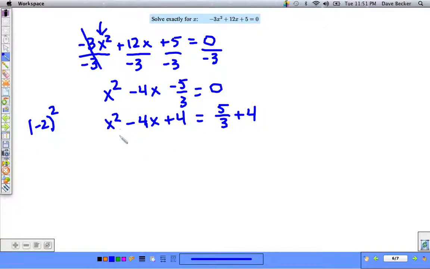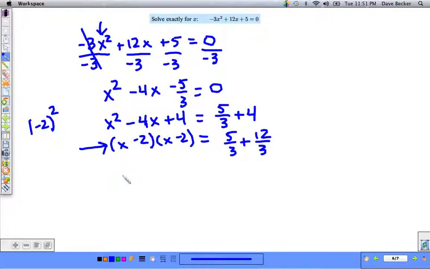And things are looking great because this will always factor into a perfect square trinomial. This one happens to be x minus 2 times x minus 2. And then I'm going to combine these cowboys. Now you don't have to write this out every time if you immediately recognize that this is a perfect square trinomial, the square of a binomial, and I can write it like this, is equal to 17/3.